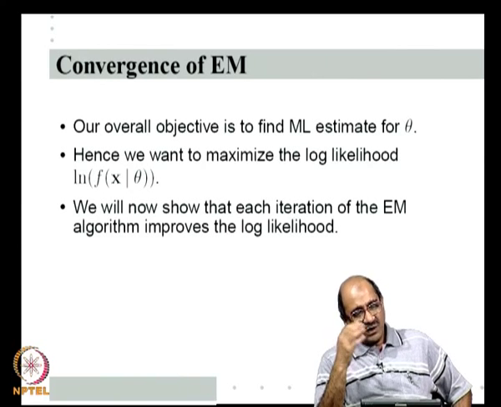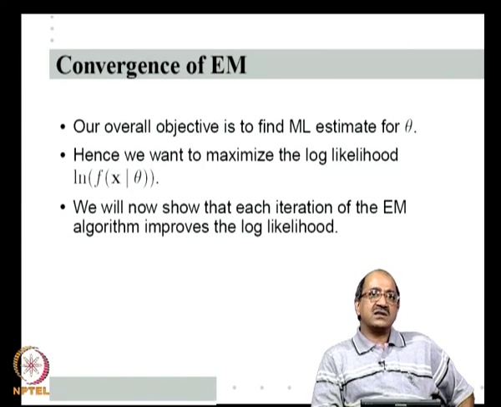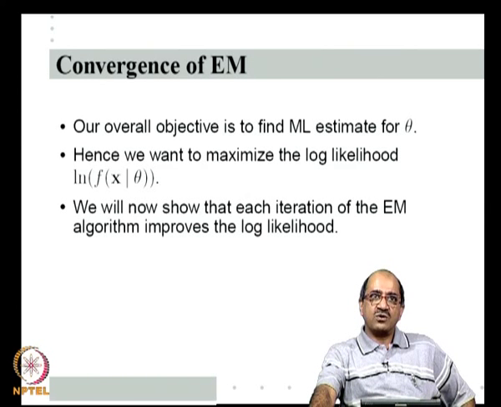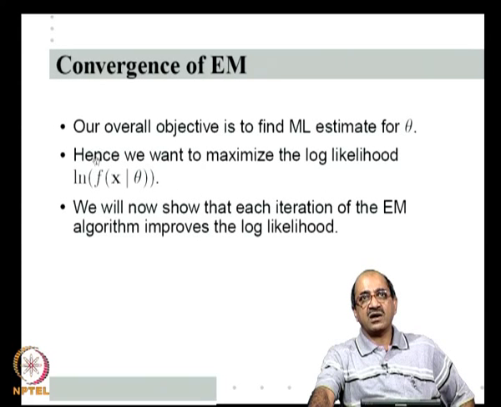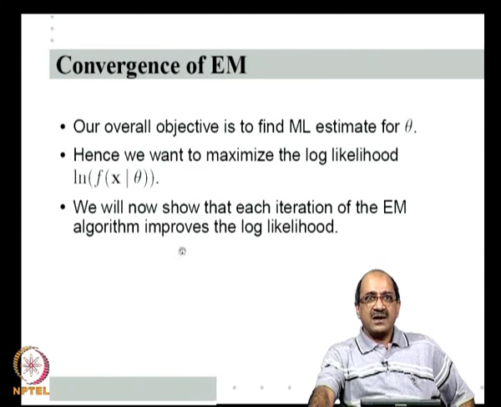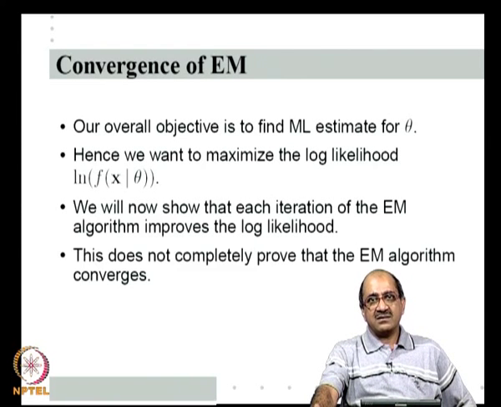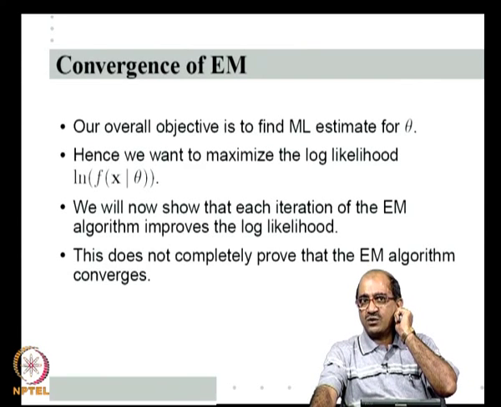It is not a complete convergence proof, because even if it is monotonically increasing, it may taper off to a suboptimal theta k. So, to in addition show that all stopping points of the algorithm are actually local maxima of the log likelihood, we will only show this. The rest of the proof is a little technical, but that we assume for now.